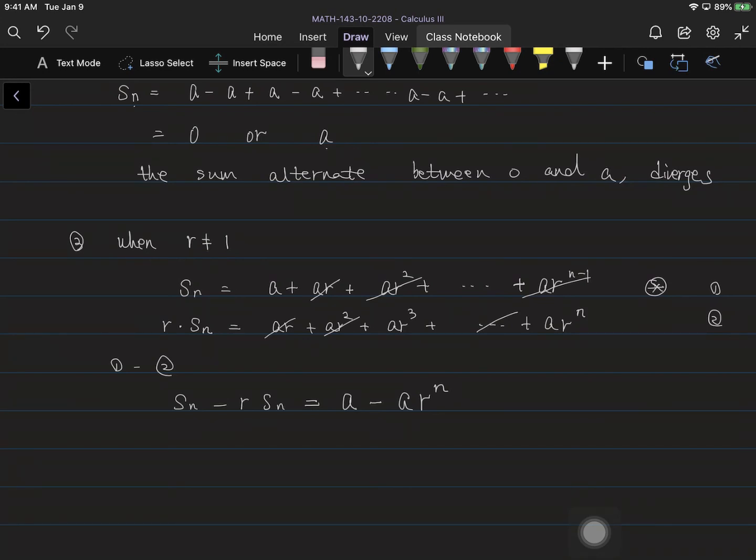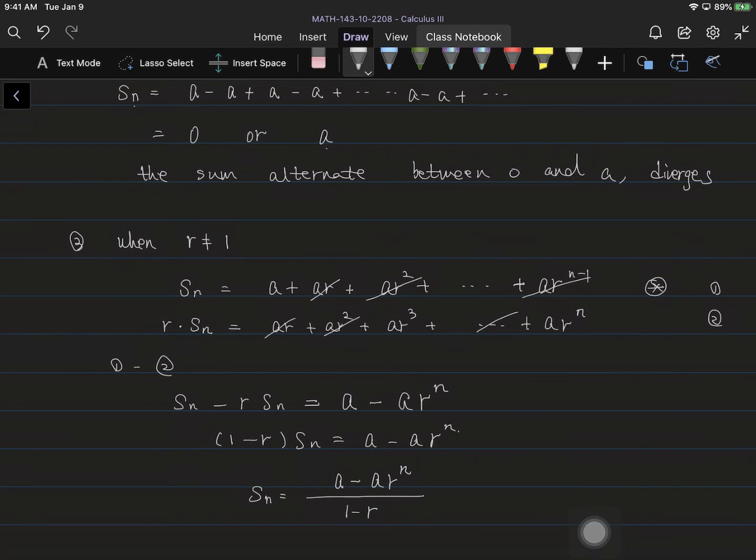Now simplify. Factor Sn out. We have a minus ar to the n. And Sn equals what? Divide by the coefficient in front of Sn. 1 minus r is the coefficient. And on the top, a minus ar to the n.